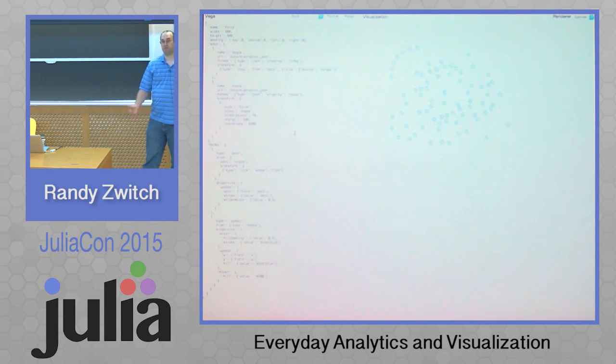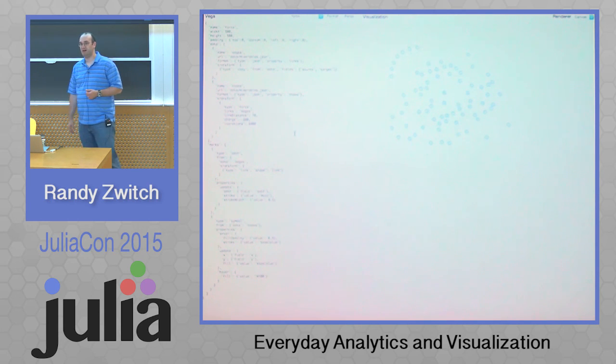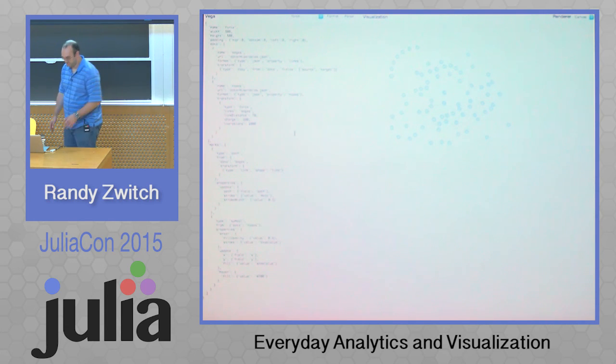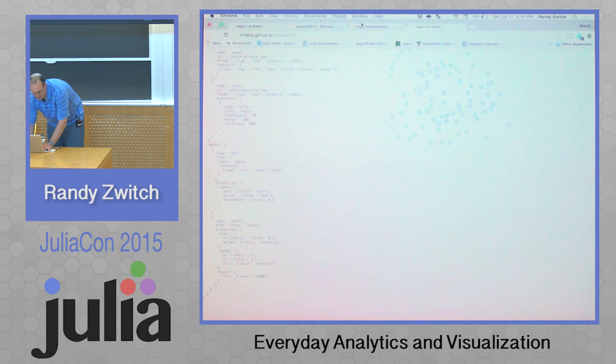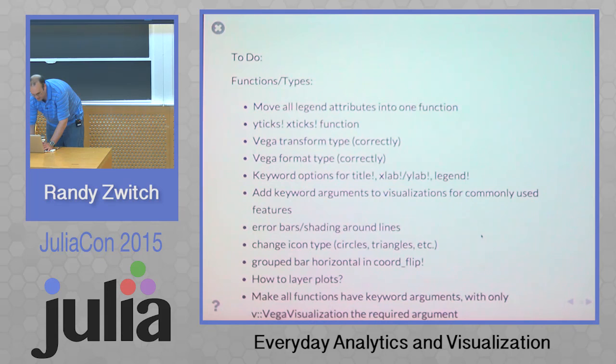Anyone who's really interested, who wants to contribute somewhere but is kind of intimidated, I'm really willing to work with anyone to see if we can make Vega a useful package. The to-do list is quite extensive.